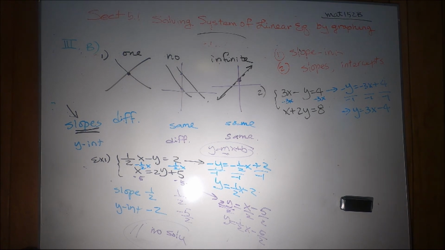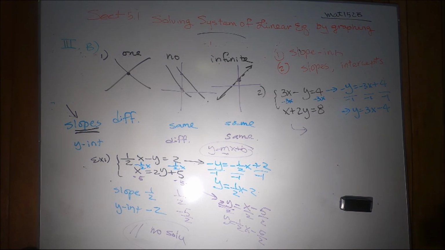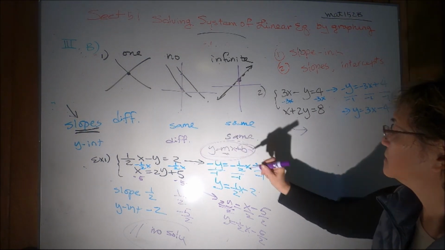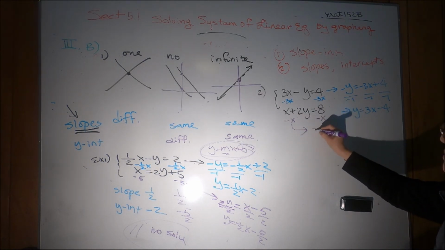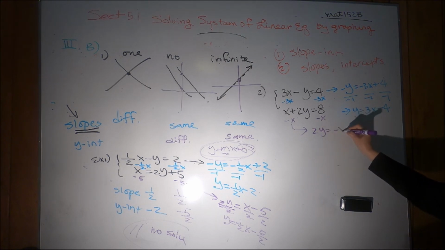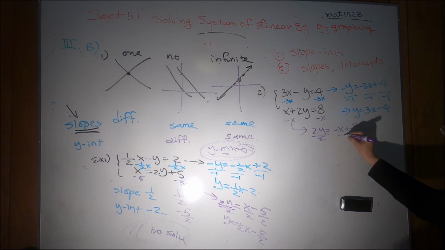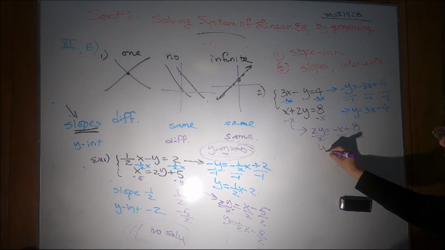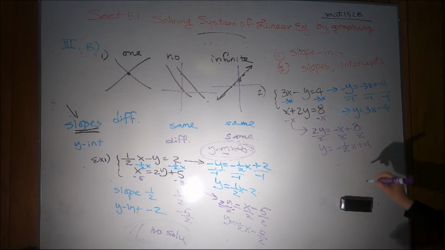And for the second one, get the y by itself, right? Slope-intercept form we are using here. So minus x, so 2y is what? Negative x plus 8. Then divided by 2, so y is what? Negative half x plus 4.